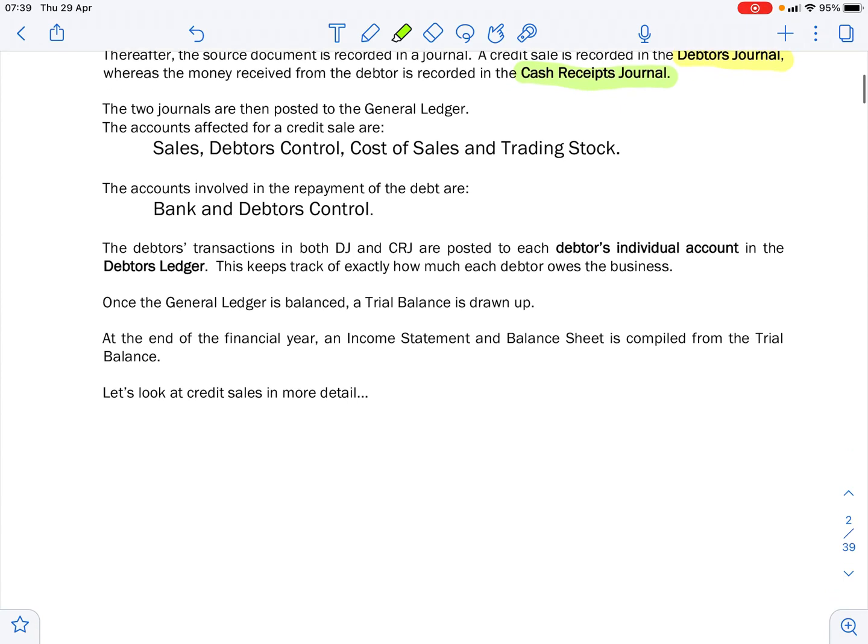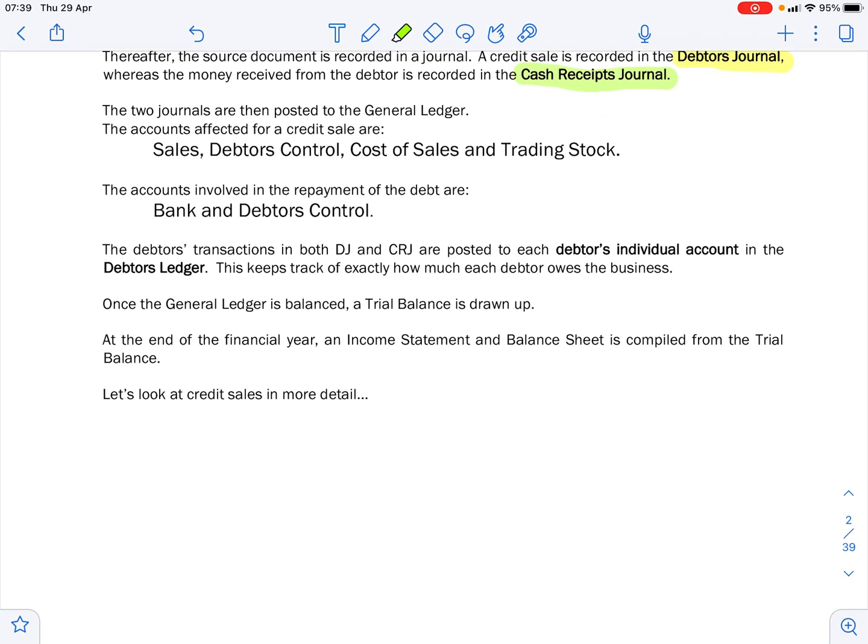Now, when we have a sales transaction, generally 4 accounts are involved, and that usually is bank, sales, cost of sales, and trading stock. The only difference now being is we substitute bank with debtors control, as we haven't received the money yet, but it's an asset.